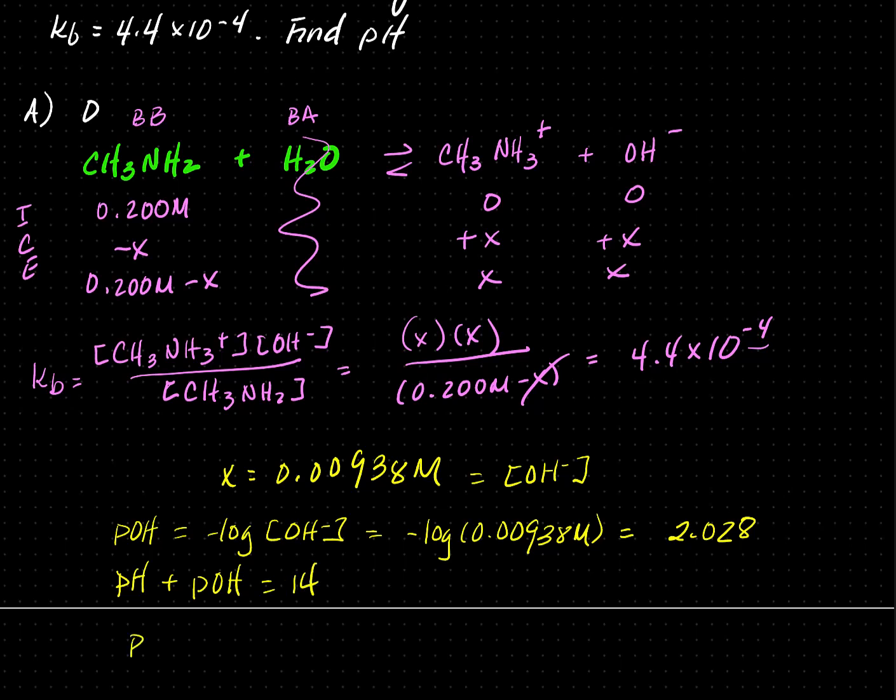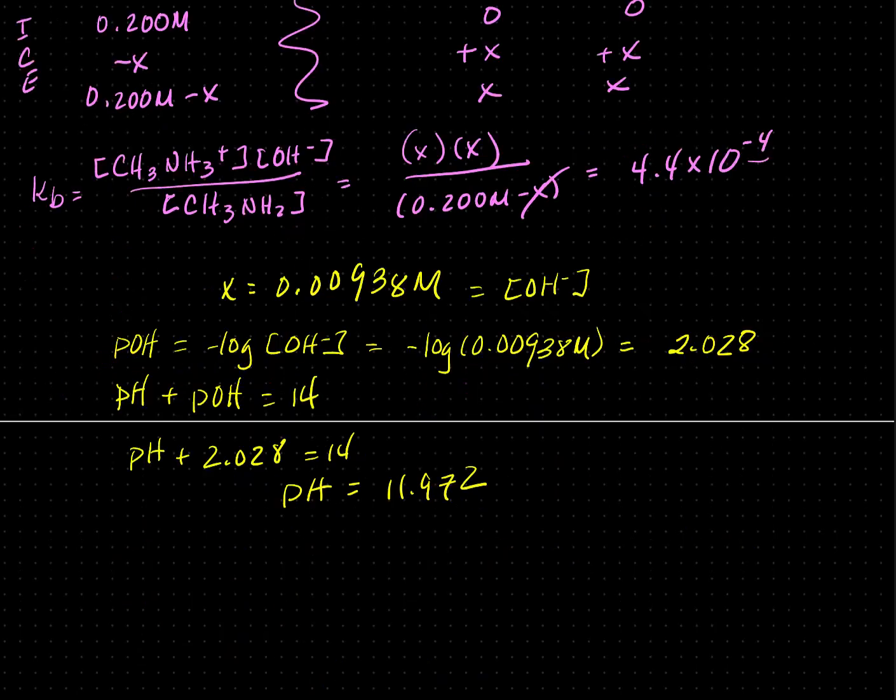So pH plus 2.028 equals 14. So pH is equal to 11.972. Since there is no conjugate acid present, because it's an X, we don't know that value. We cannot use the Henderson-Hasselbalch equation here. The only way we could do this is calculate the ICE table, write the Kb, plug in and solve.